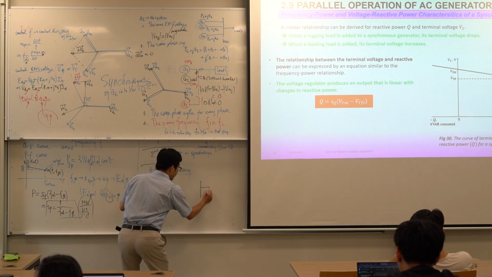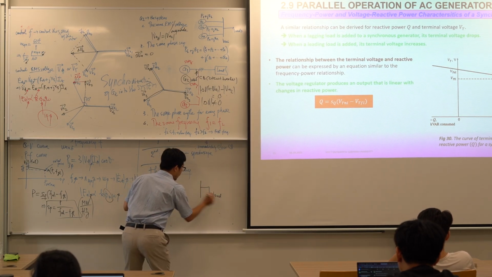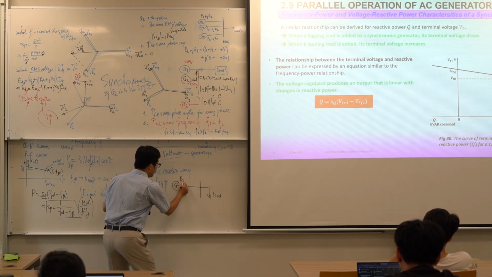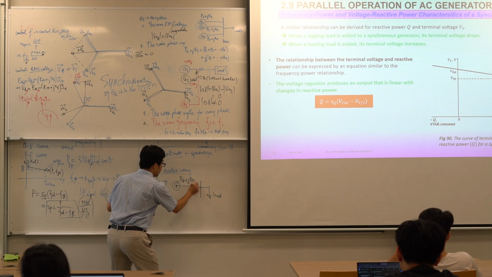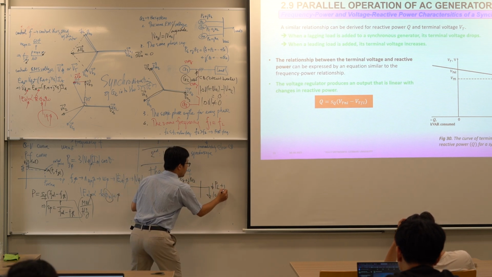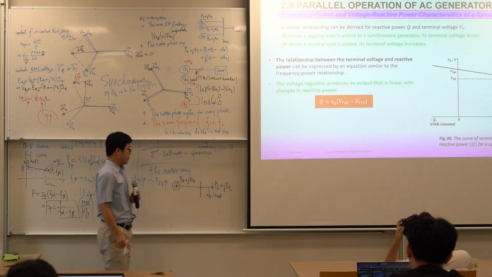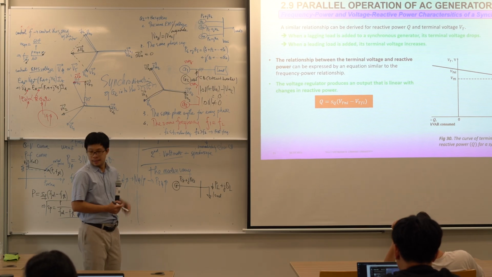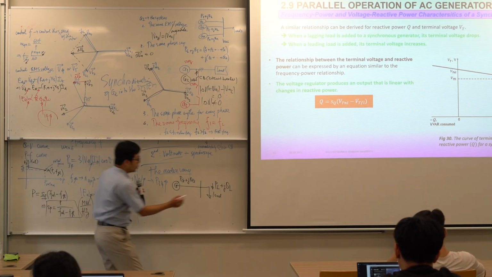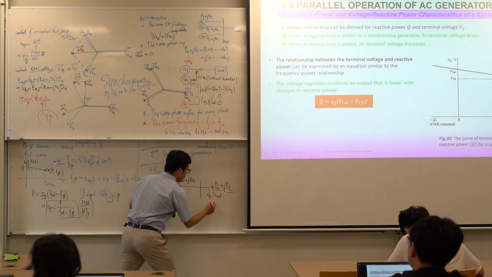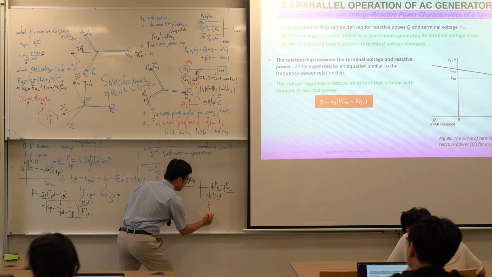So here, look. If I say this is load, and this one is generator, that means we have PG plus jQG. This one for load, we need what? PL plus jQL. So load means R and L, XL.